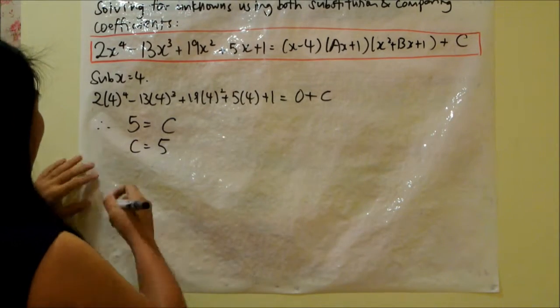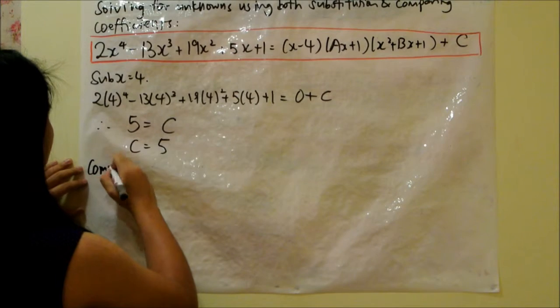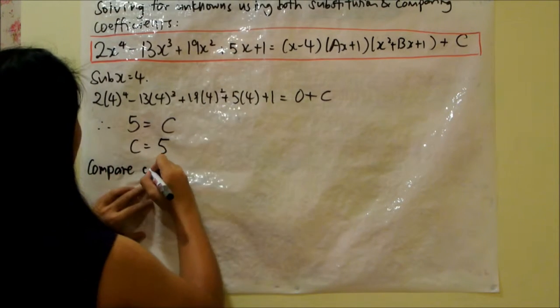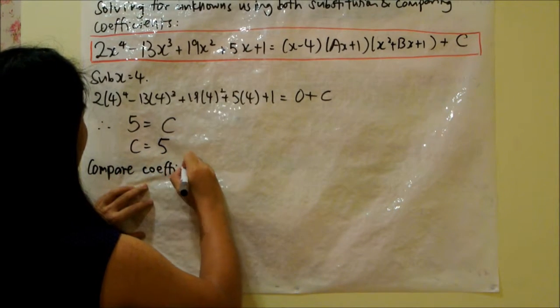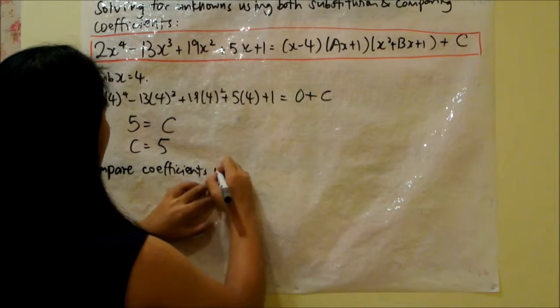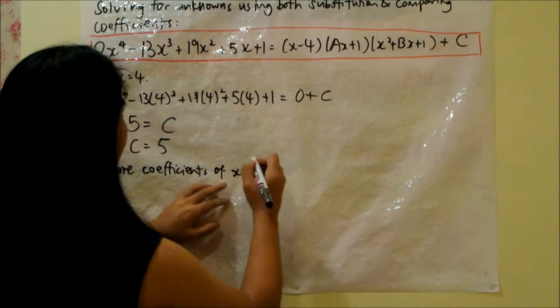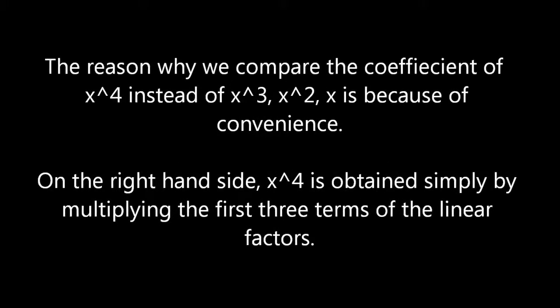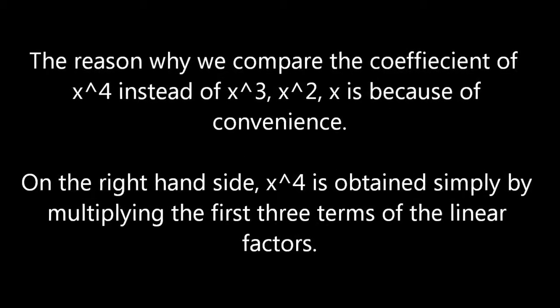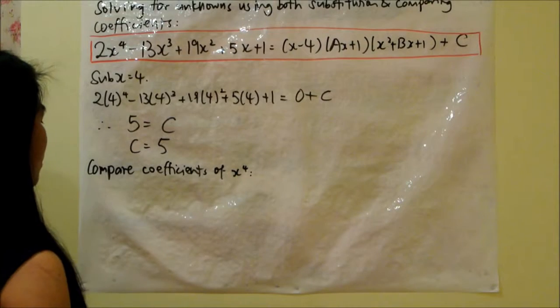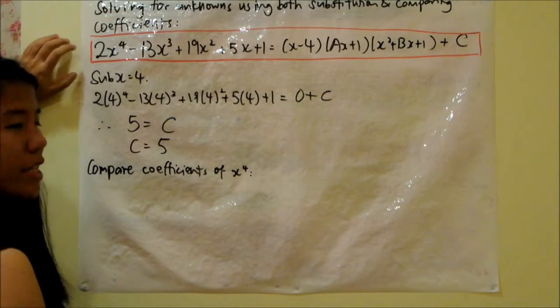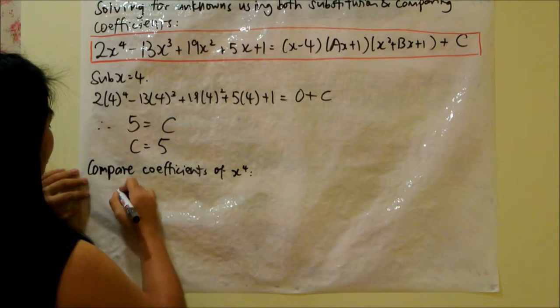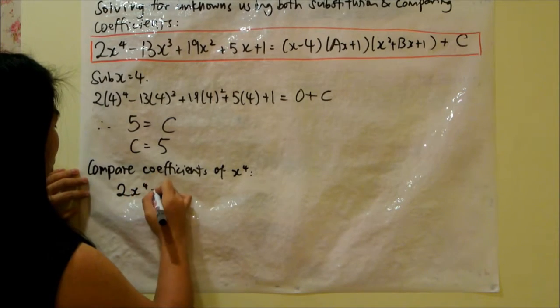So we will compare coefficients of x to the power of 4. On the left hand side, we have the coefficient of x to the power of 4 as 2, but I'll just write the whole term out.